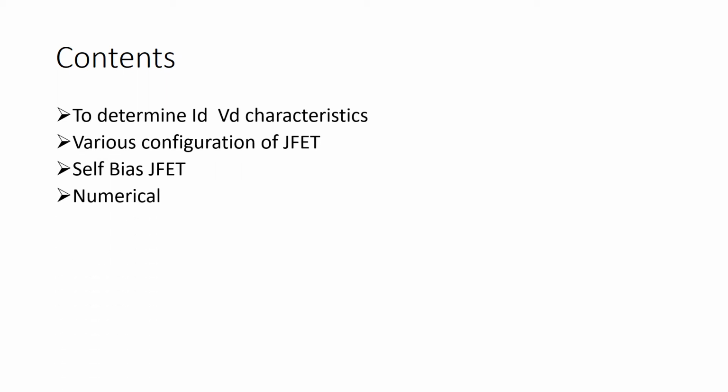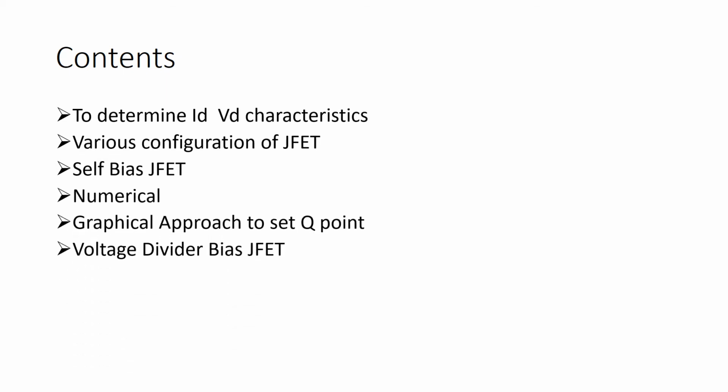Numerical based on self-bias. Numerical includes analytical as well as graphical approach of self-bias circuit. Then graphical approach to set a Q point. Second biasing of a field effect transistor is the voltage divider network.